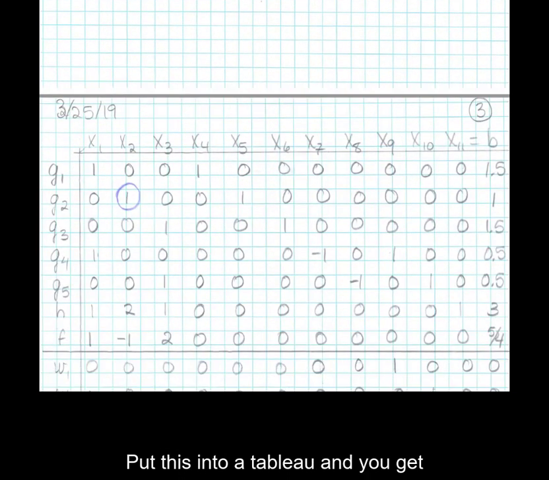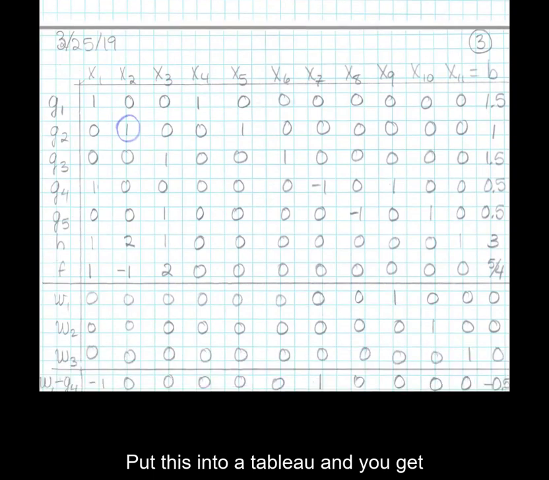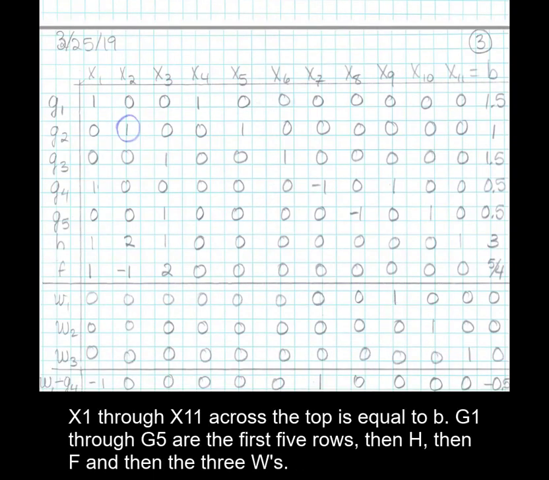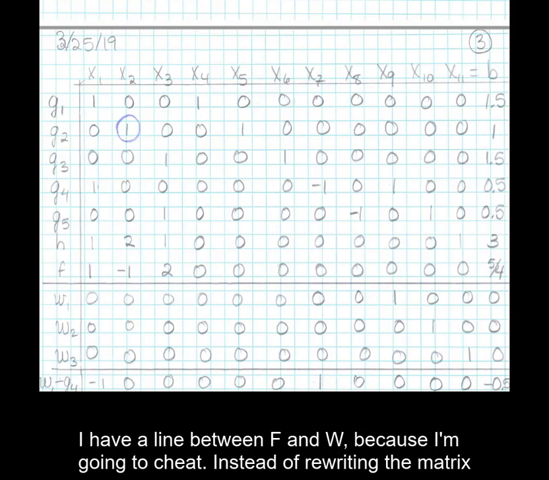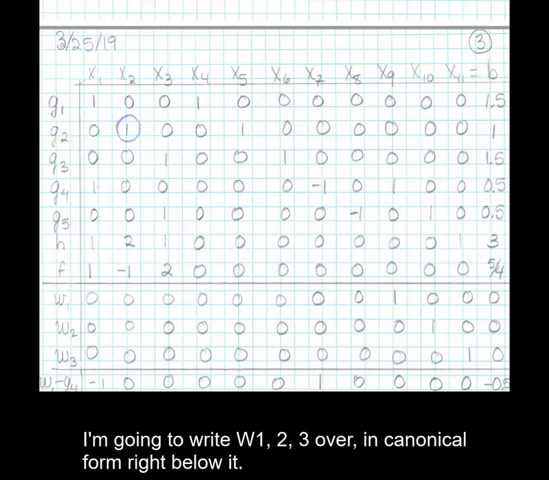Put this into a tableau and you get x1 through x11 across the top is equal to b. G1 through G5 are the first 5 rows, then h, then f, and then the 3 w's. I have a line between f and w because I'm going to cheat. Instead of rewriting the matrix, I'm going to write w1, 2, and 3 over in canonical form right below it.